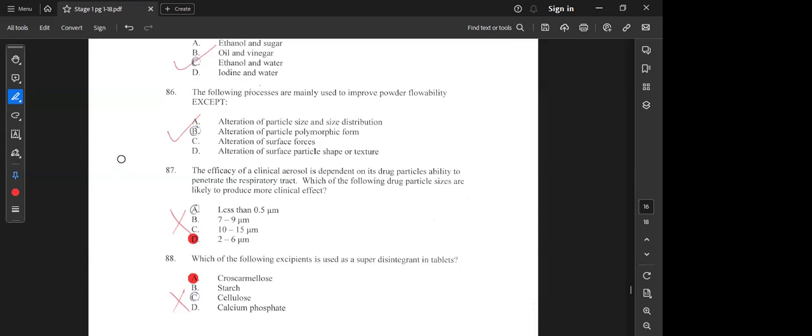Polymorphism, discontinuous genetic variation. Polymorphism might affect it because if a substance changes its form from a crystalline to an amorphous state, then it's more likely to be more soluble or have greater flowability. Can you please go again, sorry?